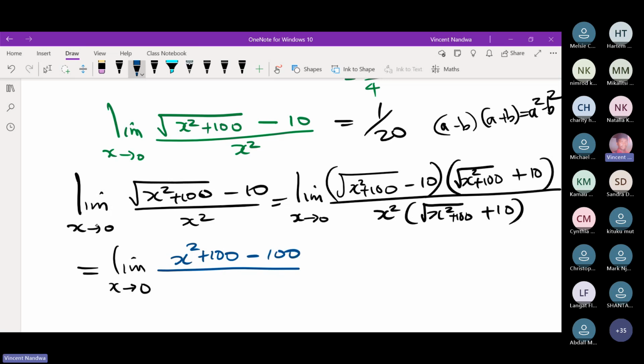And then the denominator, don't open the bracket, leave it the way it is. It will make your work easier. Square root of x squared plus 100 plus 10.